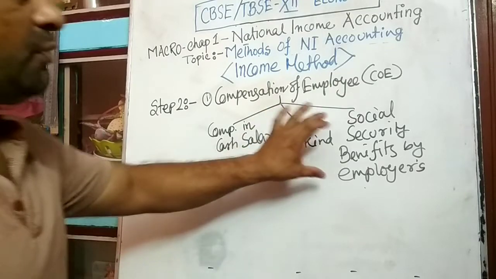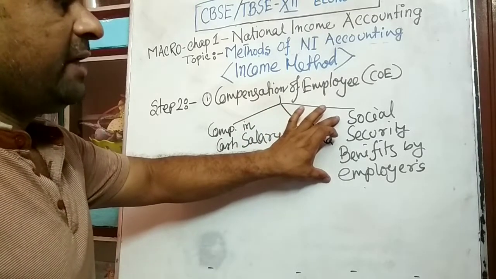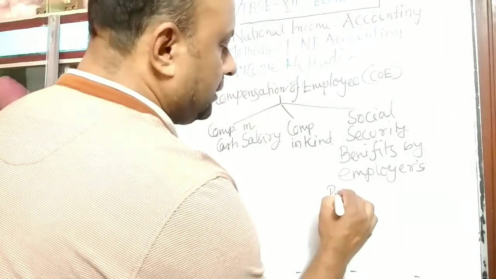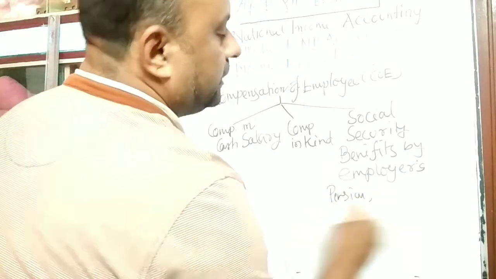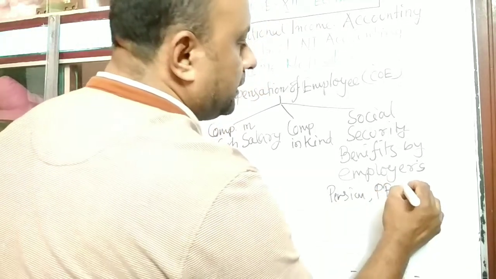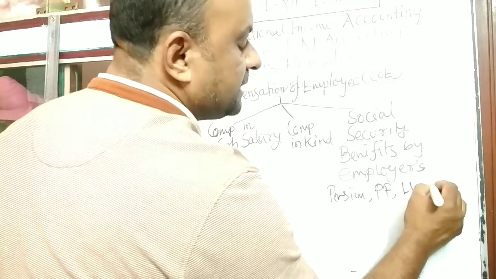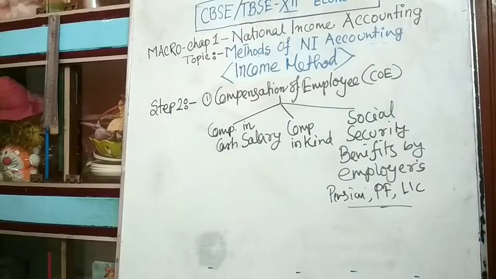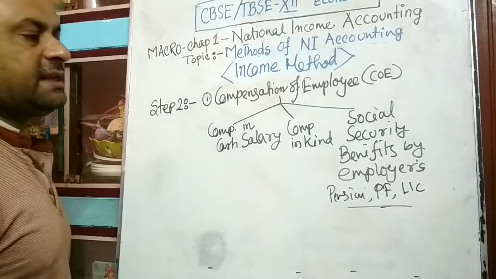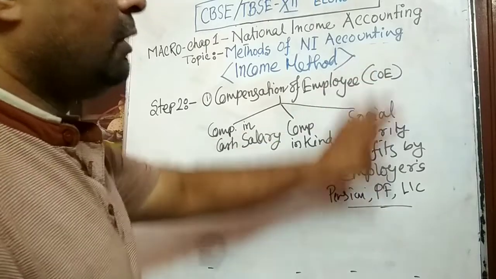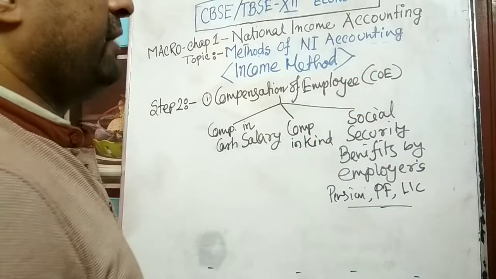What the authority is providing as social security benefits, this is social security benefits by the employers, like pension, then provident fund, then life insurance premium, LIC premium. These are all social security benefits. Means after retirement how the person will survive. For that, the company may give him pension or provident fund. These are also economic benefits given to the employees.